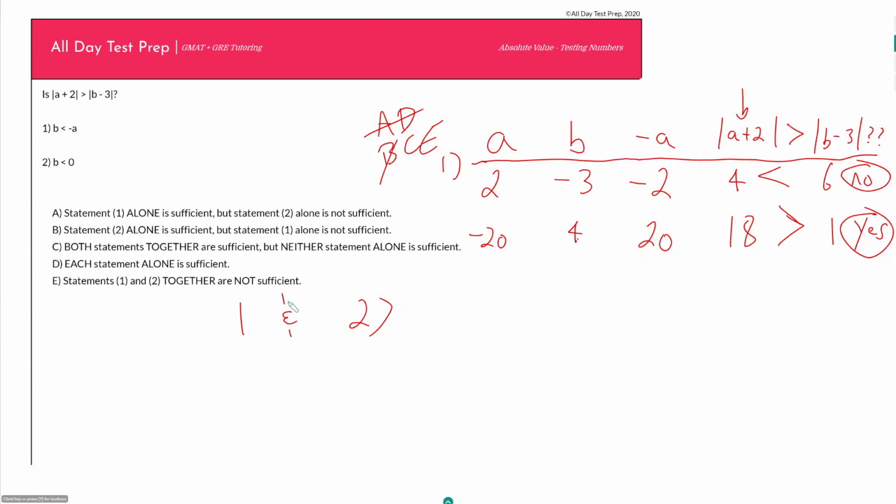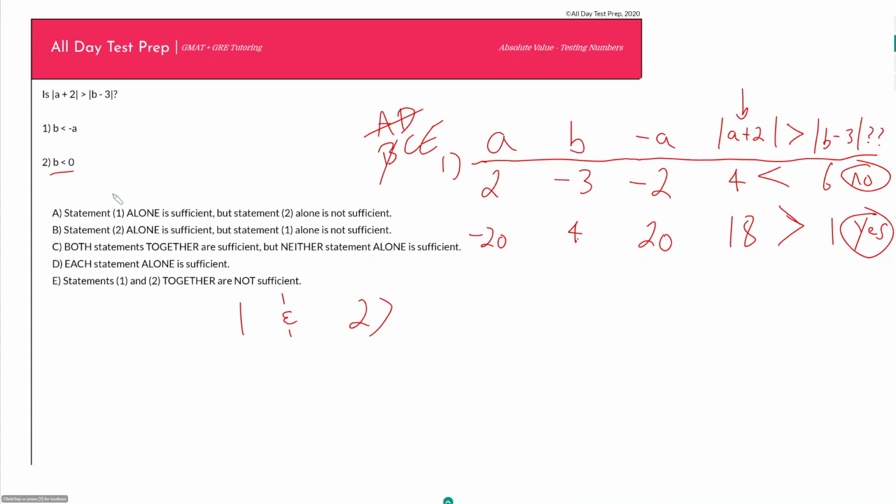And so remember from our last video, we said the one reason you want to be organized when testing numbers is so that you can reuse information from your first statement when looking at the second statement, or when looking at them together. By the time you look at them together, your head will probably be spinning, so you do not want to have to start from scratch. And so these are our choices from our first statement.